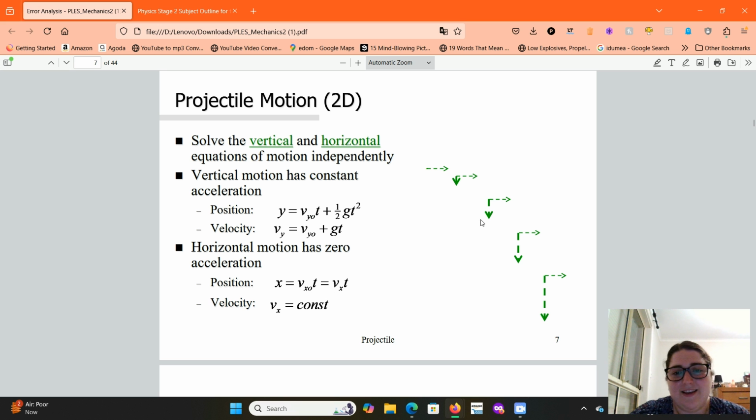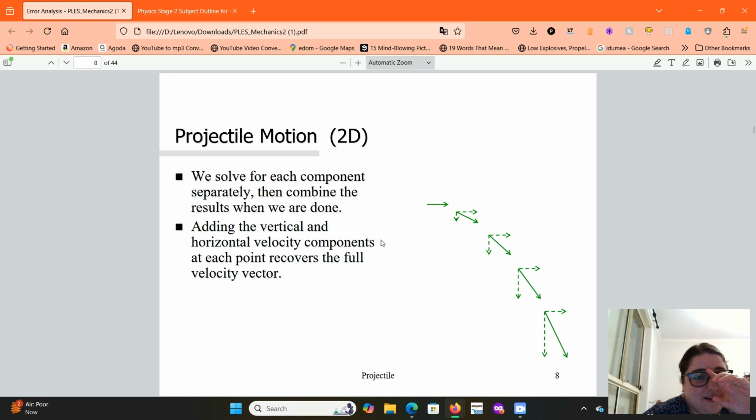So velocity is constant because it's going across. There's no gravity acting upon the horizontal vector. It's just across at a constant rate because the arrows across are the same size, therefore it is constant, because no acceleration is being acted upon it.